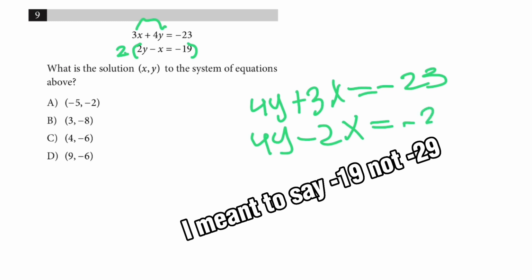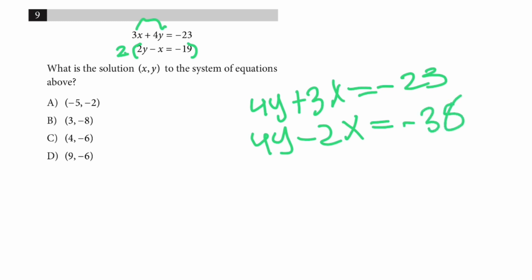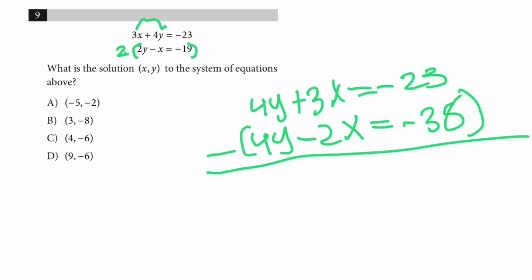That's negative 38. So now all you got to do is subtract them out, and that's the same thing as putting parentheses around this entire equation and making it all negative. So 4y minus 4y is 0. 3x minus a negative 2x is the same thing as 3x plus 2x, that's just plus 5x.